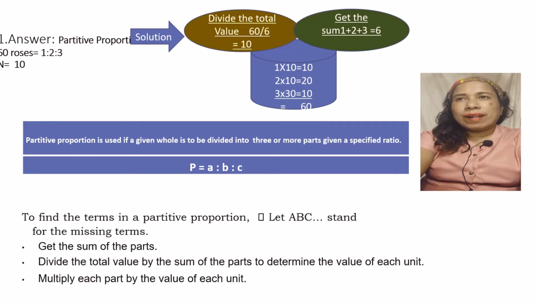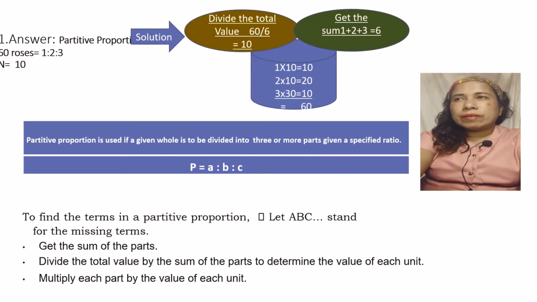The total value is 60 roses, divided by 6, the total of the ratio. So 60 divided by 6 is equal to 10. So the unit value is 10.